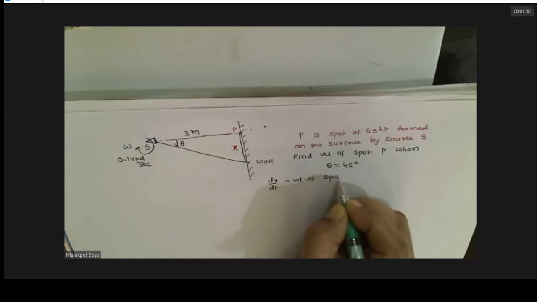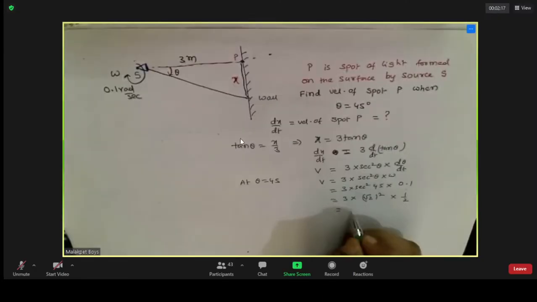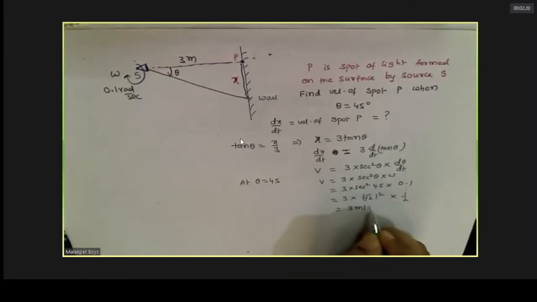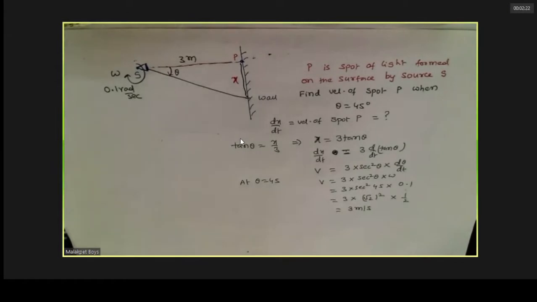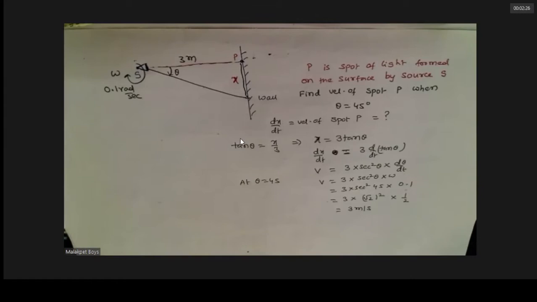Omega is 0.1. What is this? You agree with this? Yes, sir. Agree, sir. One by ten, sir. 0.1 is 1 by 10.